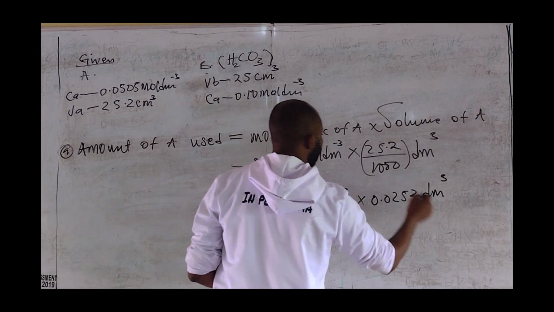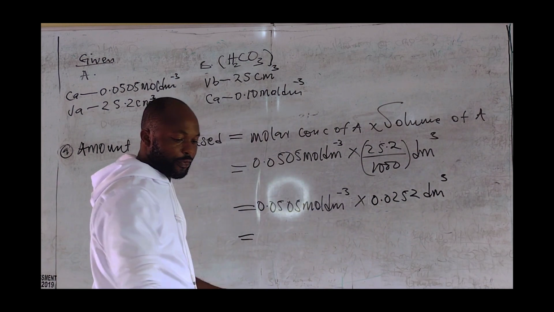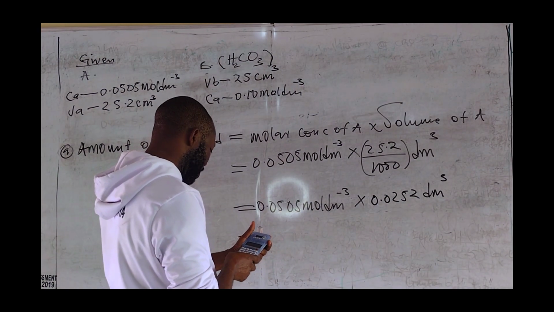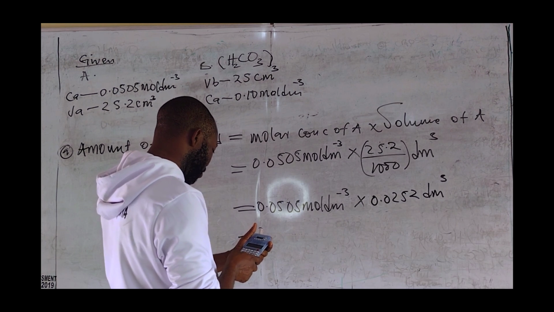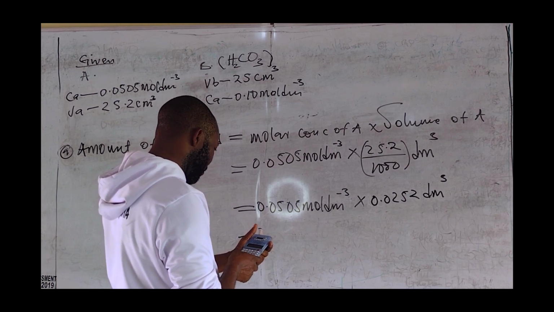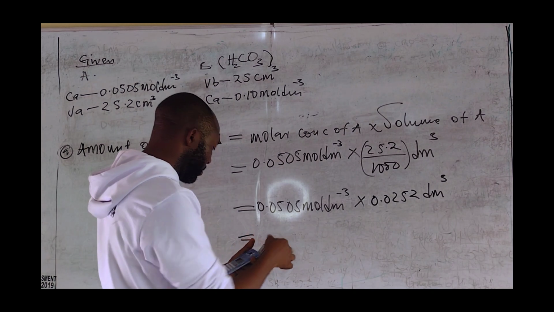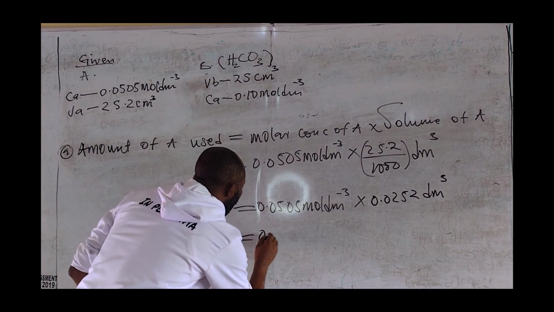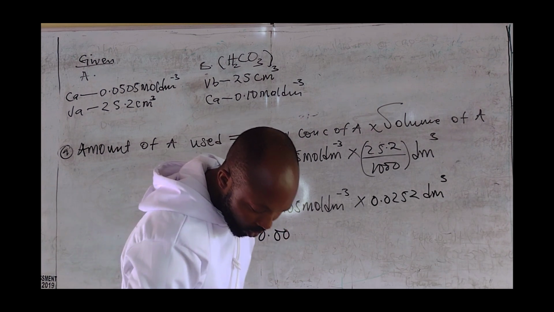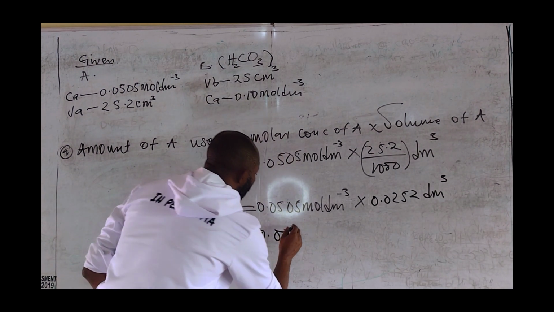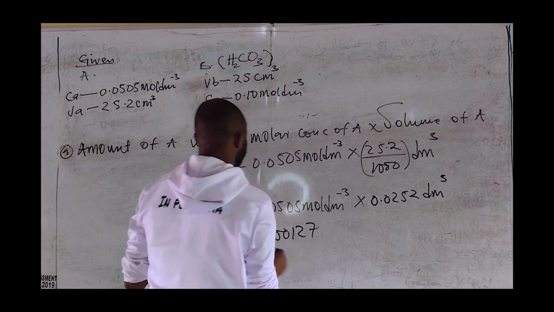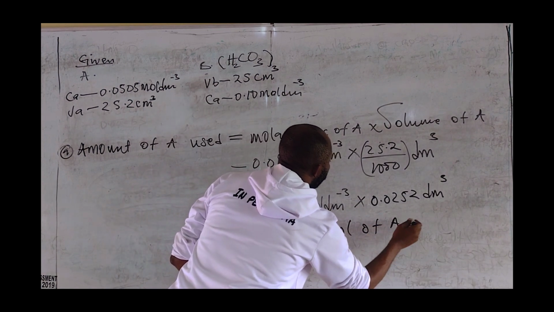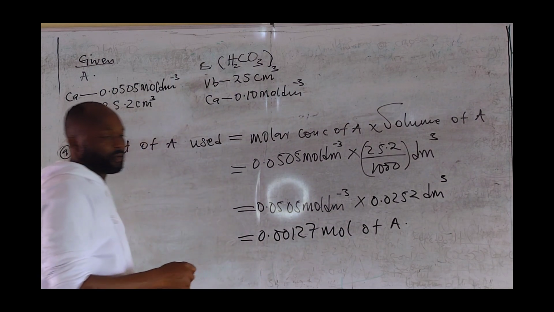Therefore, this will cancel this, and that times 0.0505 is 0.00127 mole of A. So that's the amount of A.